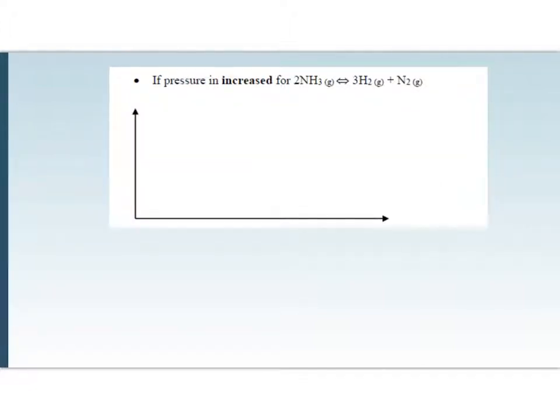So let's look at this one. Now it says the pressure is increased. Now this means that volume is decreased and also means that molarity is increased. So here is my graphic, molarity versus time graphic. Let's say that this is nitrogen, this is hydrogen, and this is ammonia.